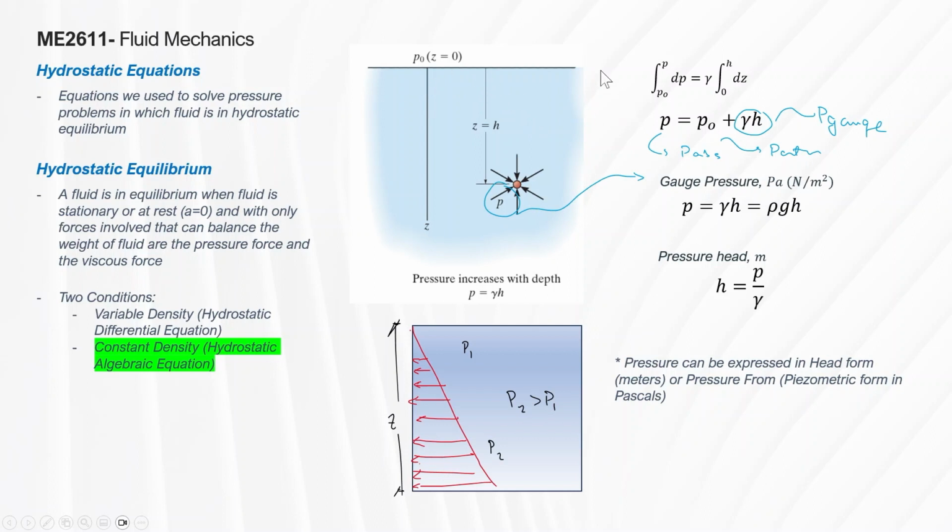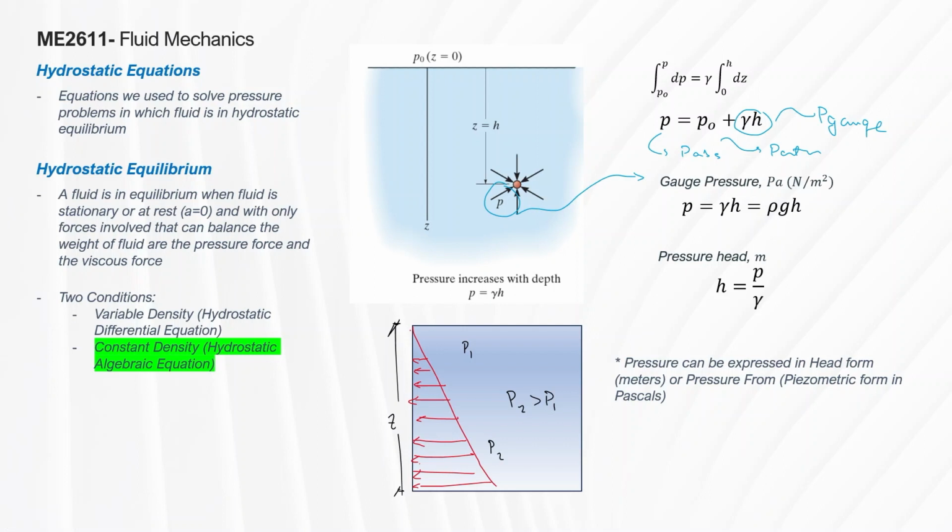you can represent yung, if you recall yung P absolute pressure natin equals atmospheric pressure plus gauge, can also be represented in terms of height and here's what we call pressure head. Basically, pressure head. When we're talking about pressure heads, basically we're talking about gauge pressures, and ito yung solution. So that's h is P over gamma, or gamma is density times, basically that's rho times g, acceleration due to gravity.